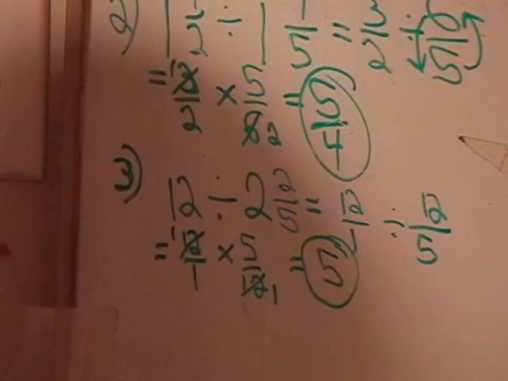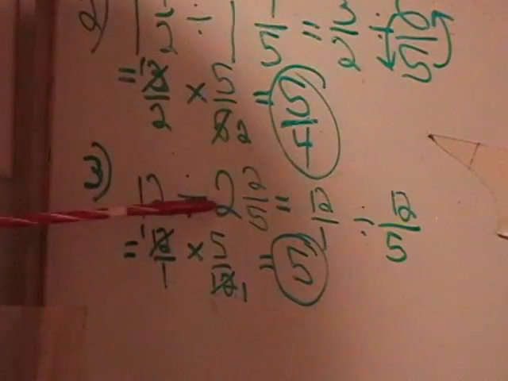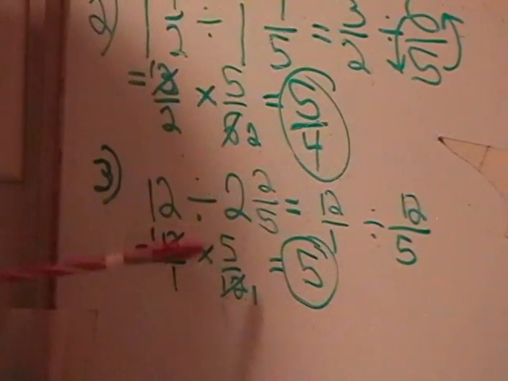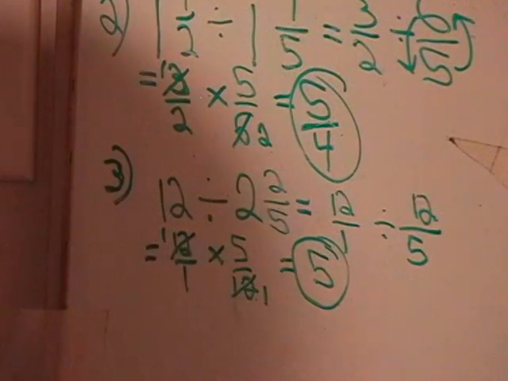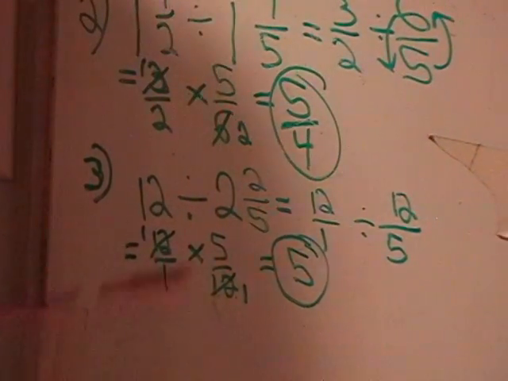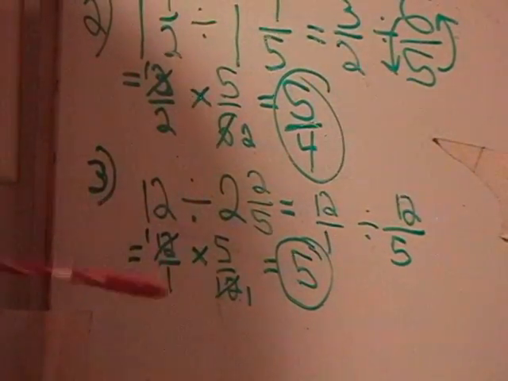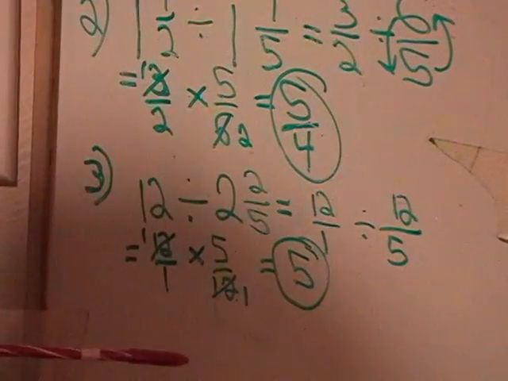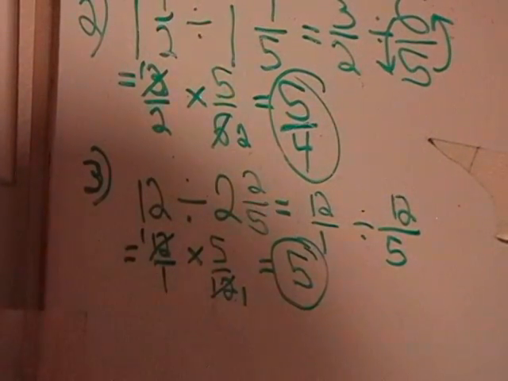The last topic is how to divide a whole number by a mixed number. You change the mixed number or whole number into improper fractions, and to change a whole number into an improper fraction, all you have to do is put the whole number over 1.